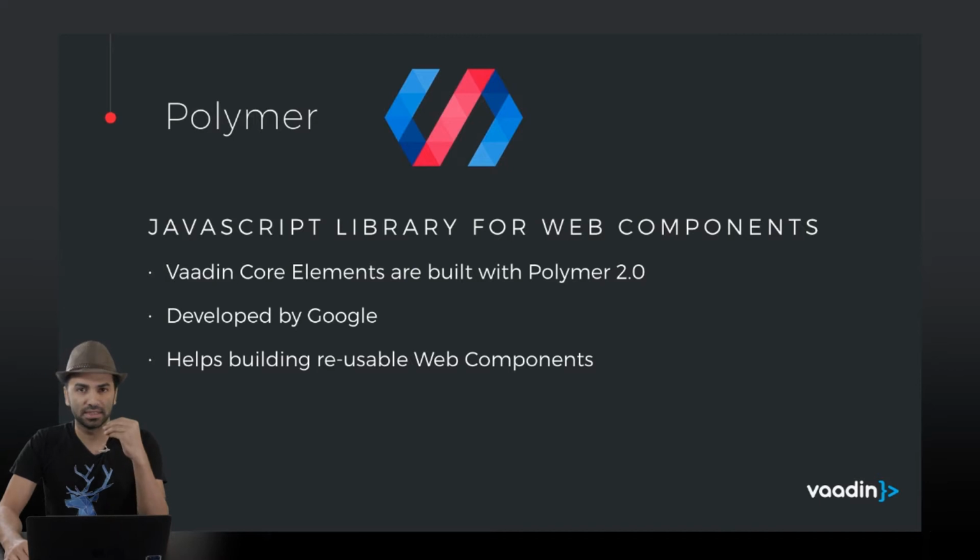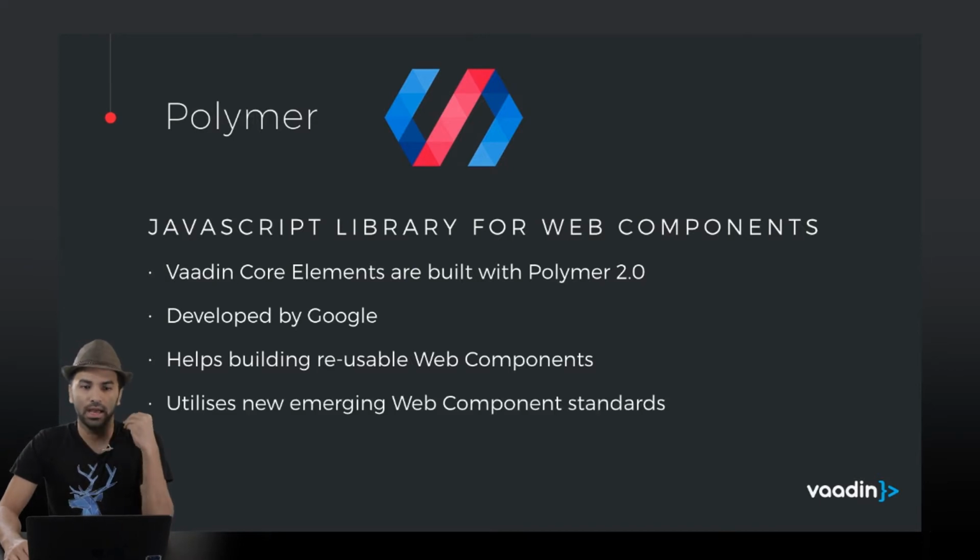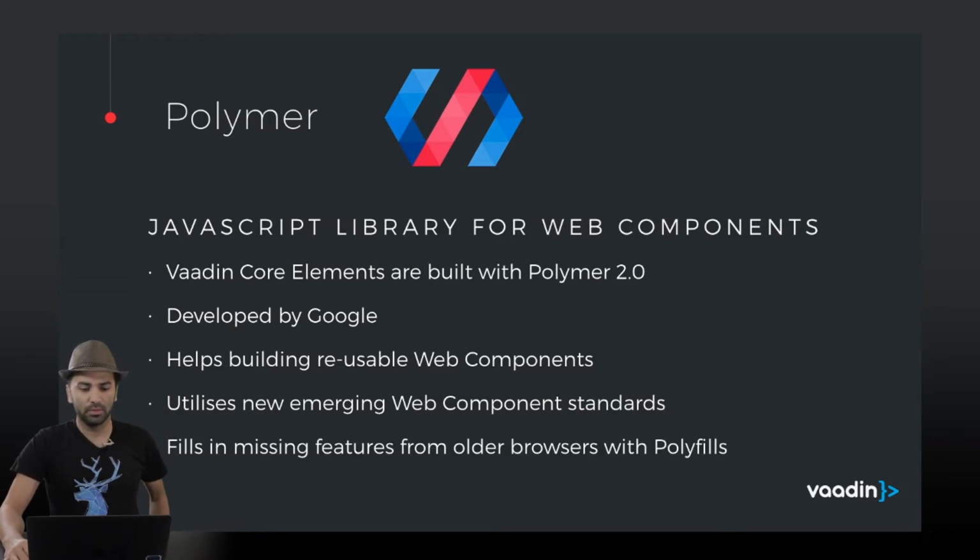It helps you build standard web components and gives you a bunch of tools that make life easier. It uses the web components standards, and also it has a very interesting JavaScript file that makes the polyfill for all browsers. So if a browser is a little bit old or does not support a specific feature of standard web components, then it polyfills what is needed.